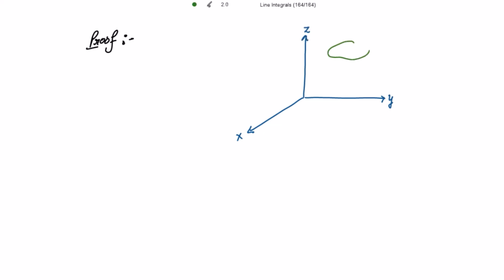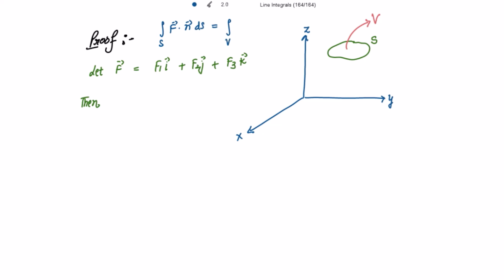Let S be the surface enclosing the region V, and let F vector be equal to F1 i vector plus F2 j vector plus F3 k vector. Then, as we are going to prove that the surface integral of F vector dot n vector dS is equal to the volume integral of divergence of F vector dV, let's take the divergence of this F vector now.